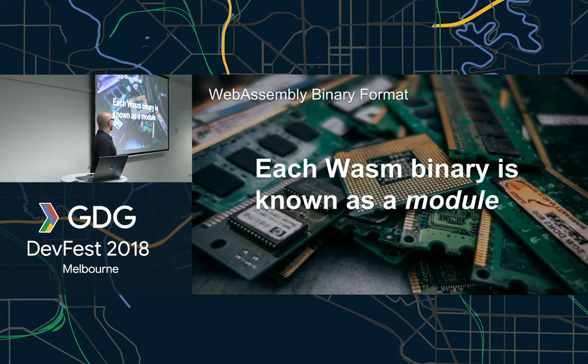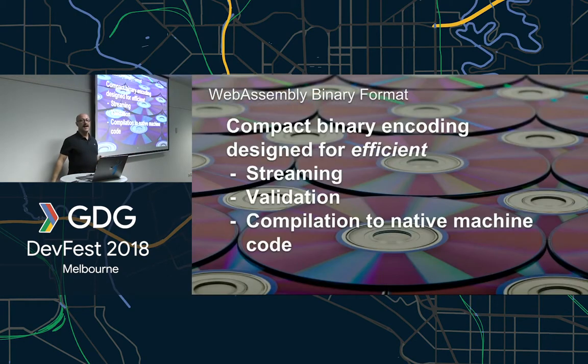Now, a bit of terminology, probably should have done this earlier maybe: every WebAssembly binary is called a module, which, when you think of modules, you kind of think of ECMAScript modules, so it makes logical sense. And the binary format itself was defined with three really important things in mind. Number one is streaming.